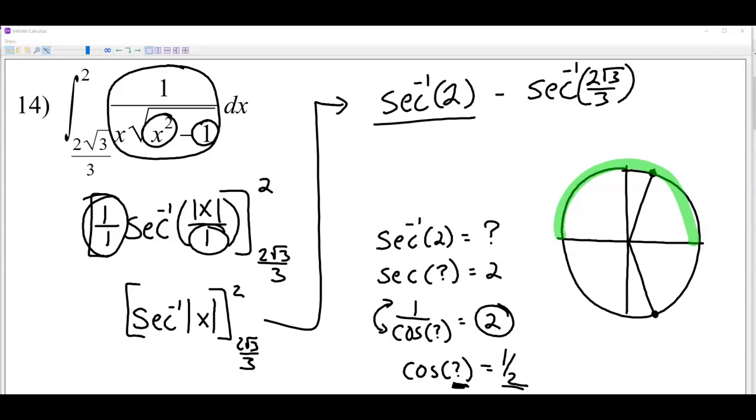So I won't be using the bottom, right? So that means my answer for that one will be the angle at that spot, which is pi over 3. Okay? So that's the angle that would go here that would give me that cosine value. So this is pi over 3. And repeat that process for the next one there.